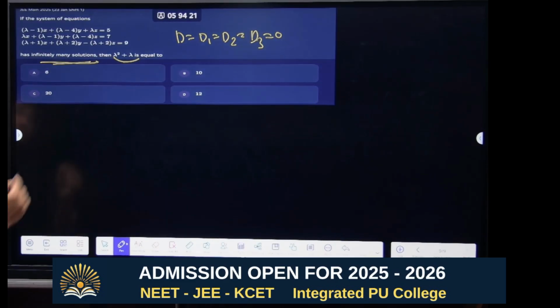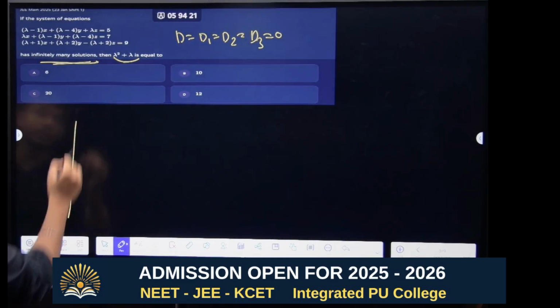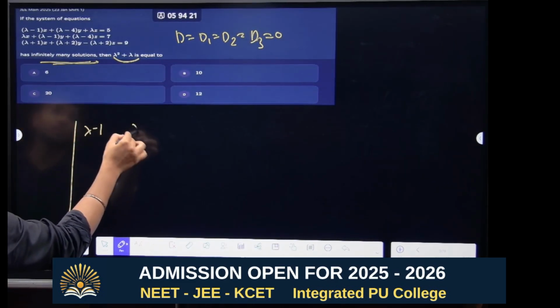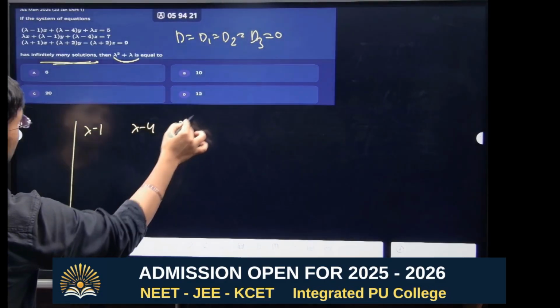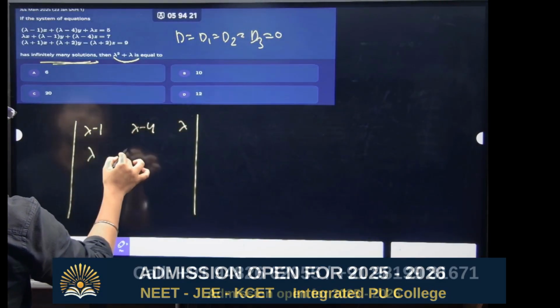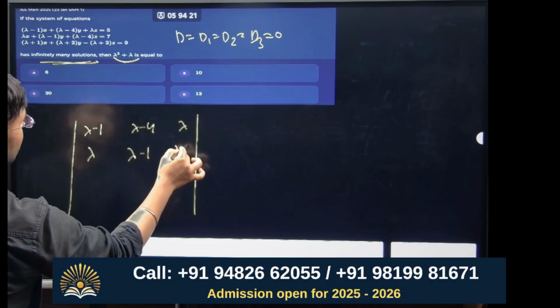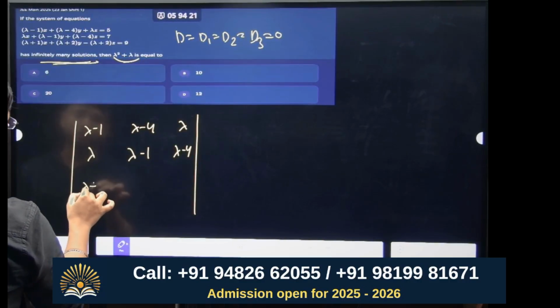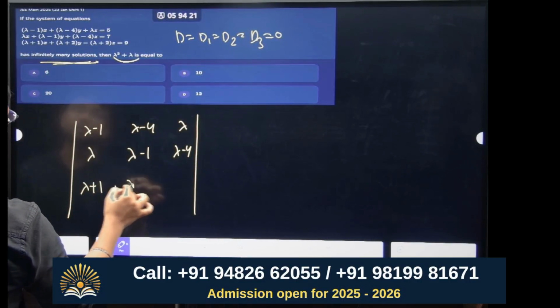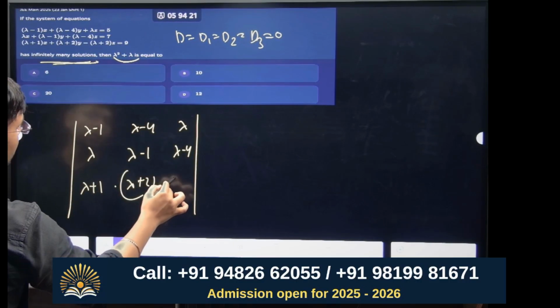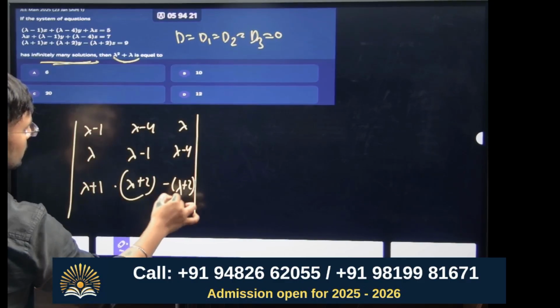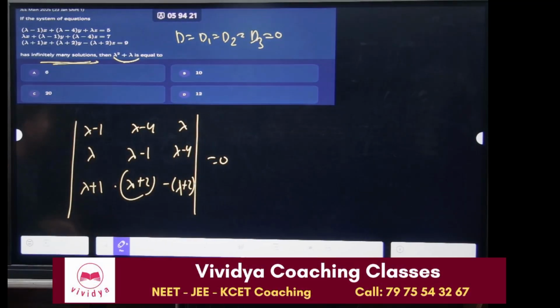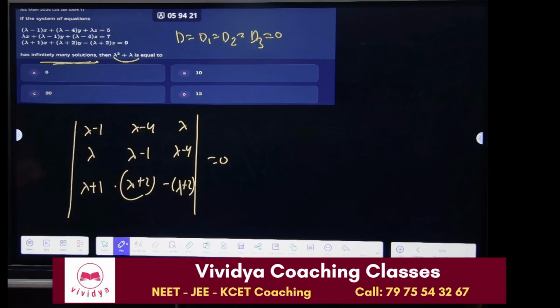So first you put D equal to 0. It will come lambda minus 1, lambda minus 4, lambda, lambda, lambda minus 1, lambda minus 4. This is lambda plus 1, lambda plus 2, minus of lambda plus 2. This should be 0.